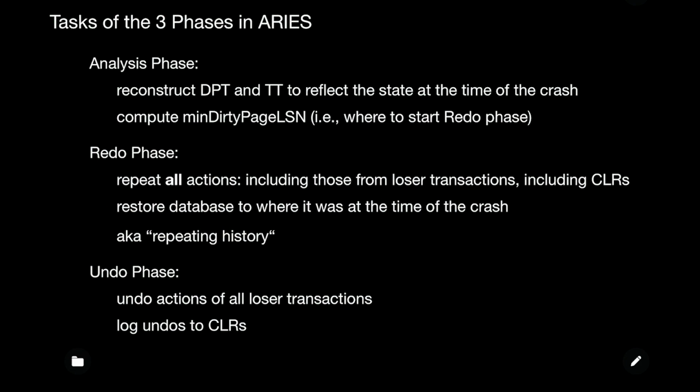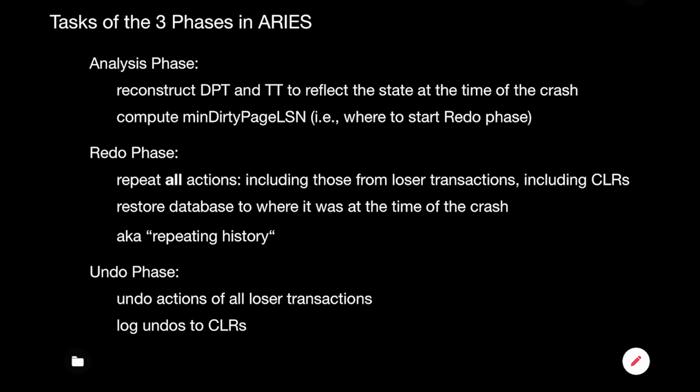So let's look at that in more detail. What are the tasks of those 3 phases along the lines of those structures? We had the high-level description before, but now let's go into detail. In the analysis phase, you reconstruct the dirty page table and the transaction table to reflect the state at the time of the crash.